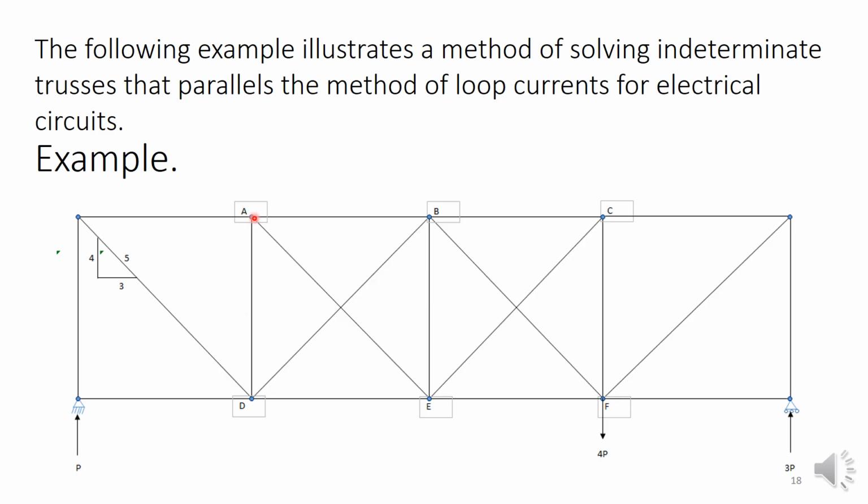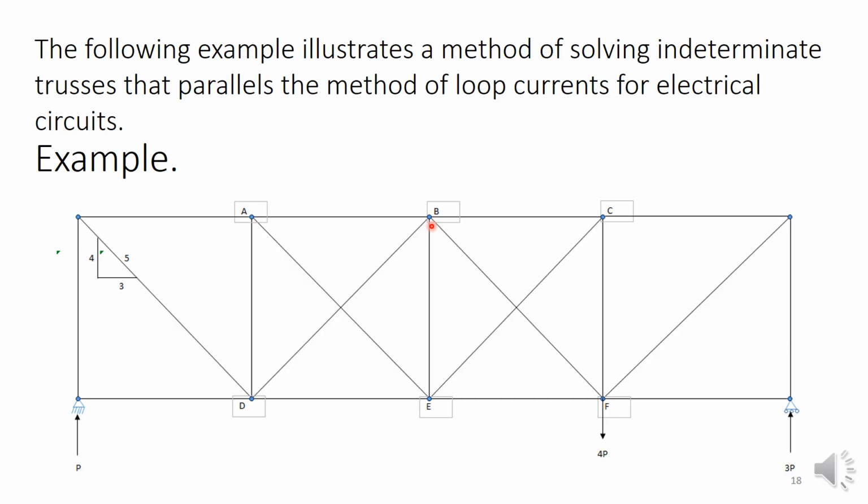So if you look at these joints A, B, C, D, E, F, these define a substructure here, which is in fact made up of two Stroops. A, B, E, D is a Stroop, and B, C, F, E is also a Stroop.